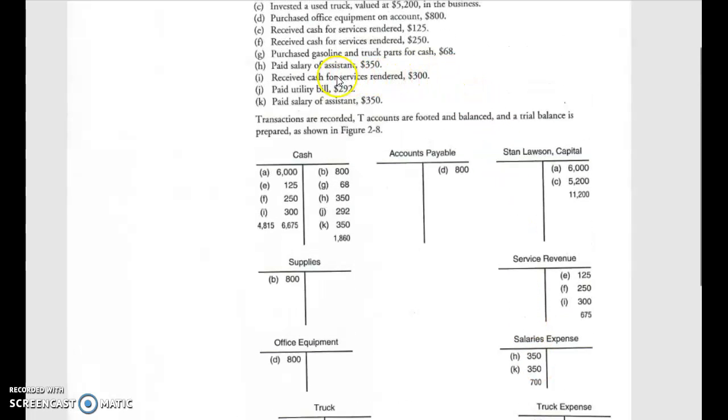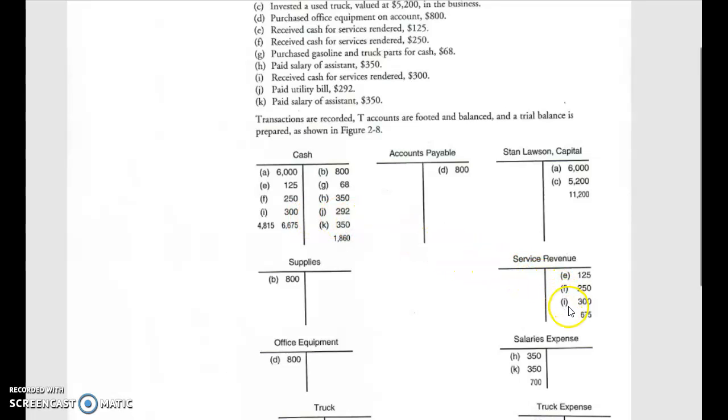Transaction I, received cash for services rendered, $300. So that one, we received cash. We're going to be increasing cash, and we're going to be increasing revenue. So again, transaction I, you can see it here in your cash account. You've identified it with the letter I. We're increasing or debiting cash for $300.